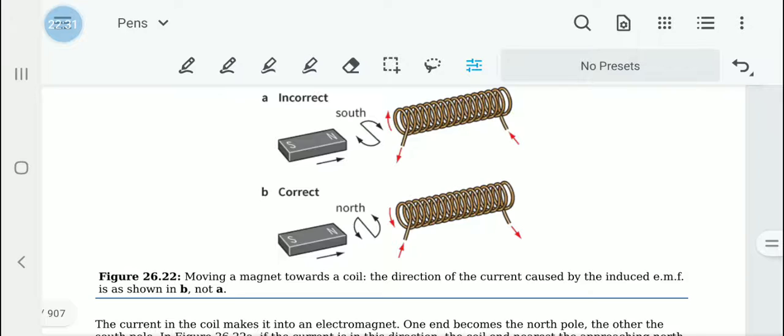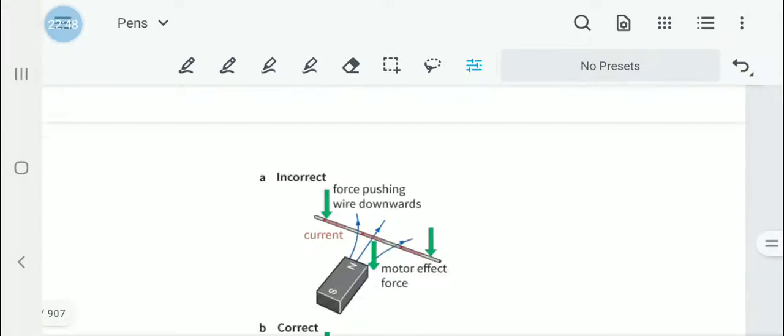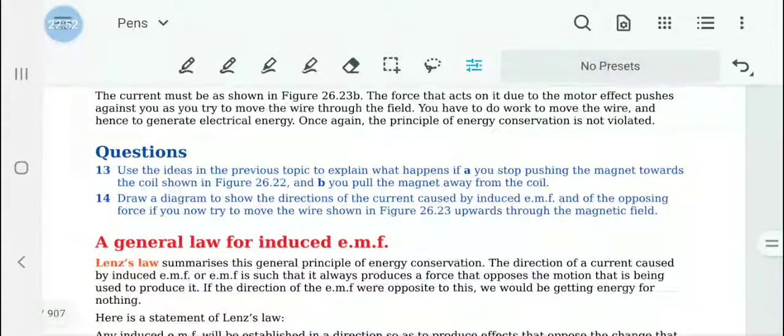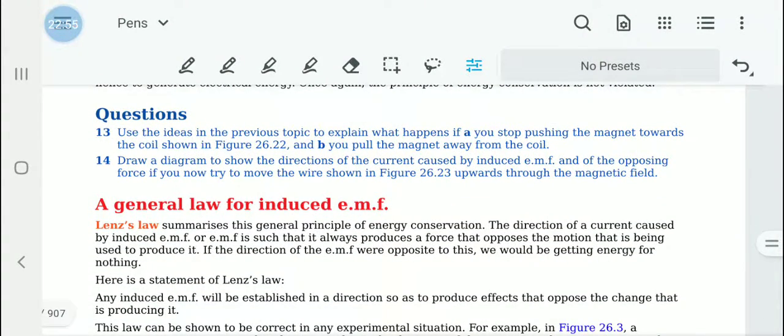In the first diagram, the closest end of the coil should become a north pole, and when work is done against it, that work done would be converted to electrical energy. I hope you understand. I want you to do questions number 13 and 14.